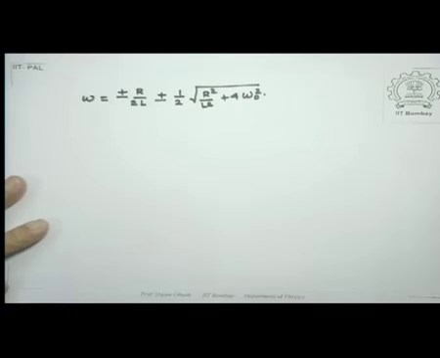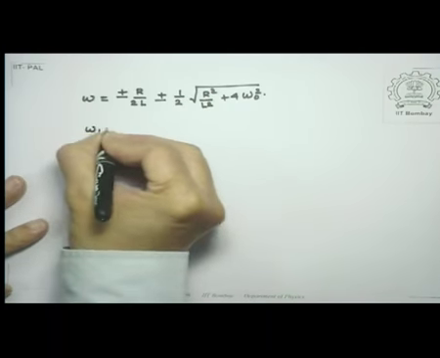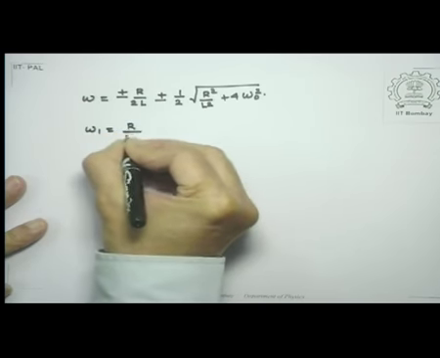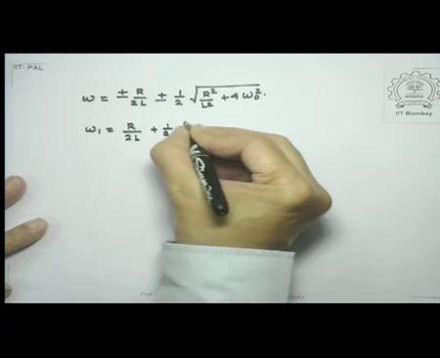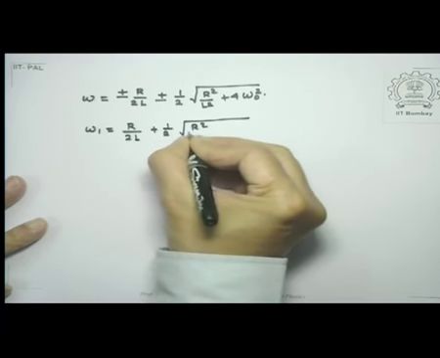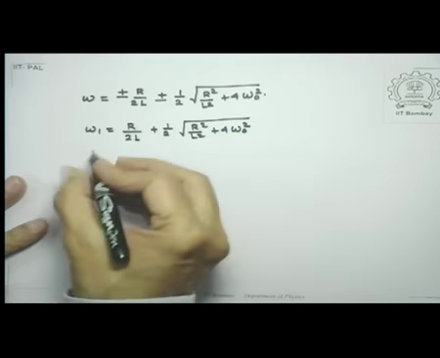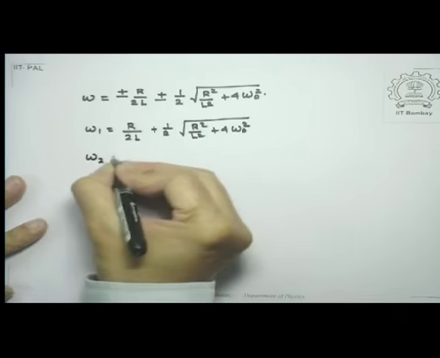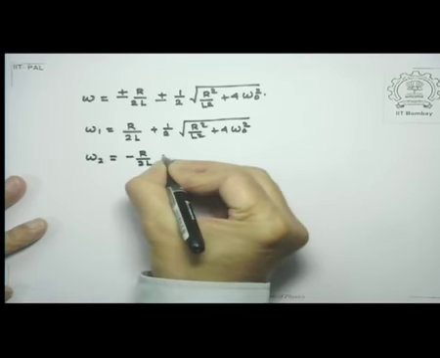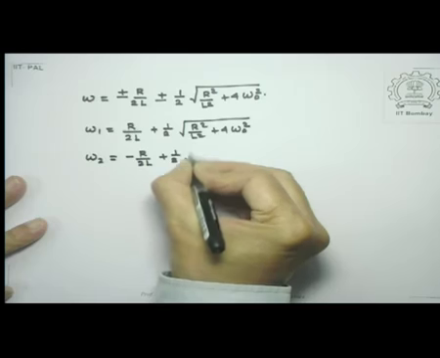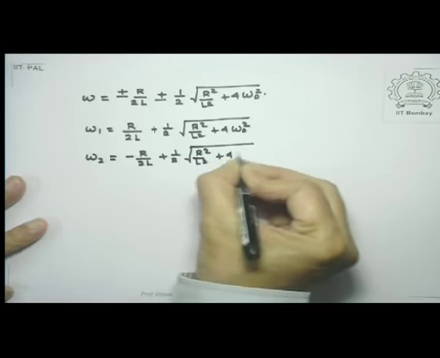So I have to choose the positive sign only, and with that I get omega 1 equal to R over 2L plus 1 by 2 root of R square over L square plus 4 omega 0 square, and the lower frequency is minus R by 2L plus again 1 over 2 root of R square over L square plus 4 omega 0 square.